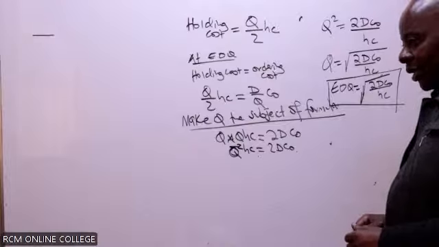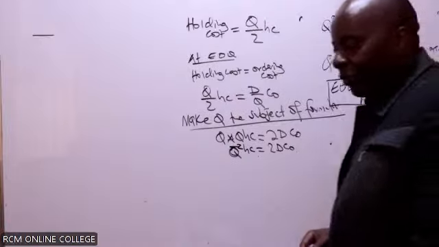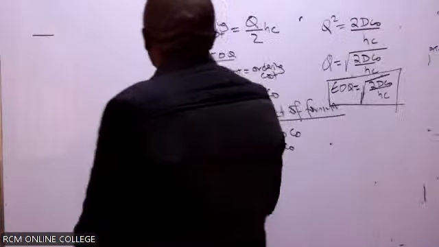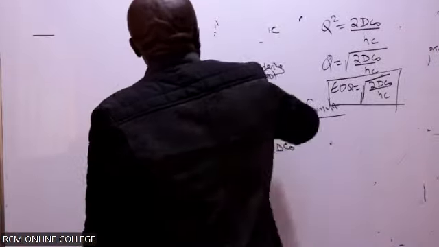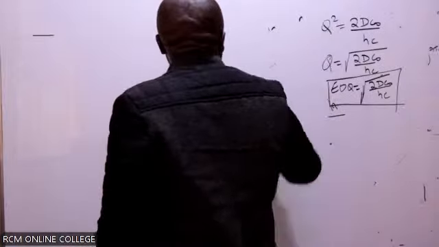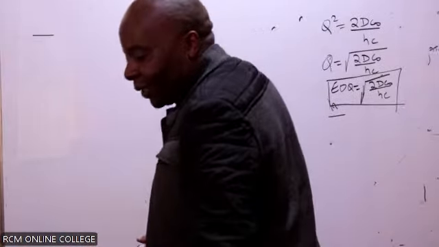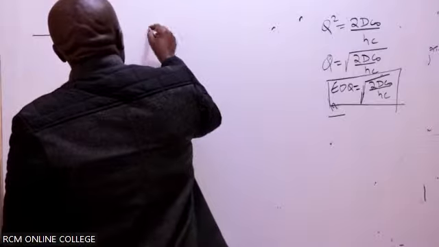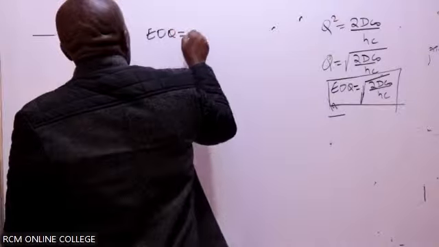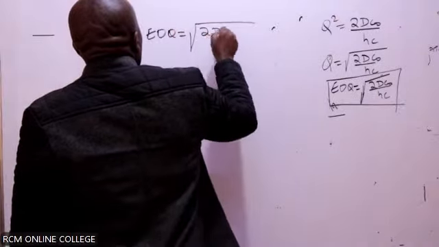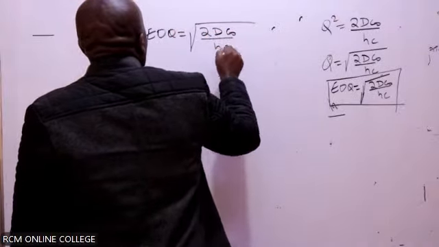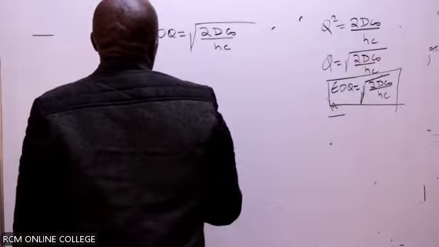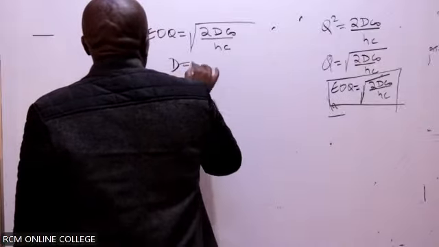So you may forget about everything else, ladies and gentlemen, but we shall always remember the formula for getting economic order quantity: EOQ equals the square root of 2DCO all over HC. Where D is the annual demand, don't forget that.